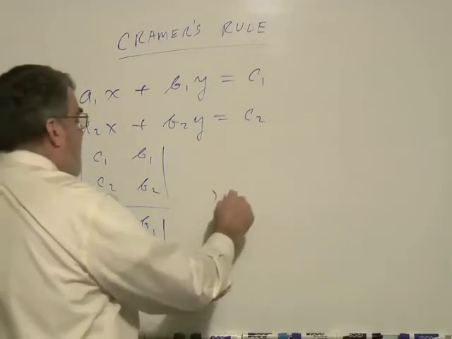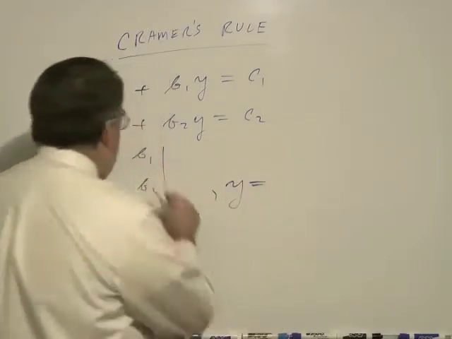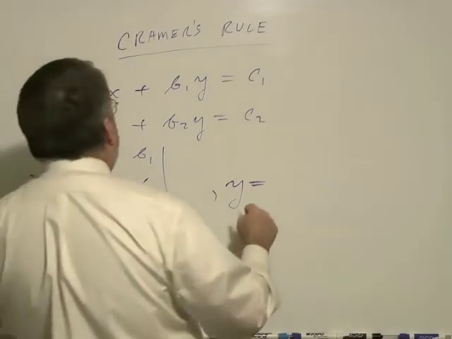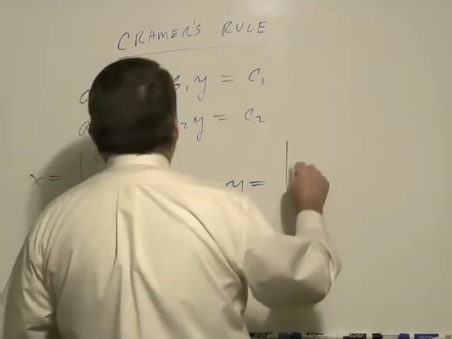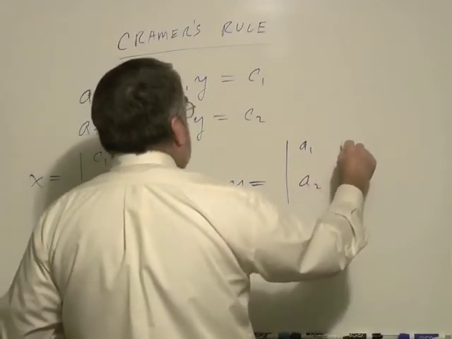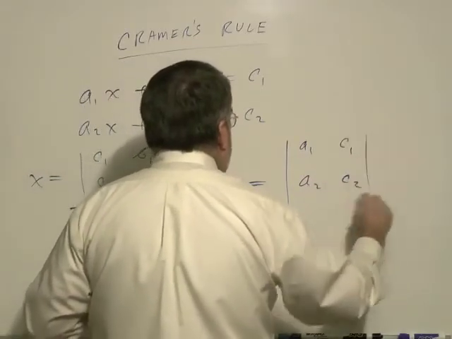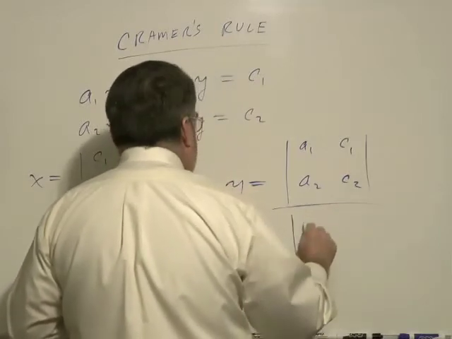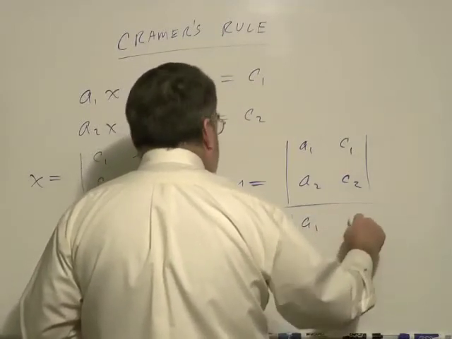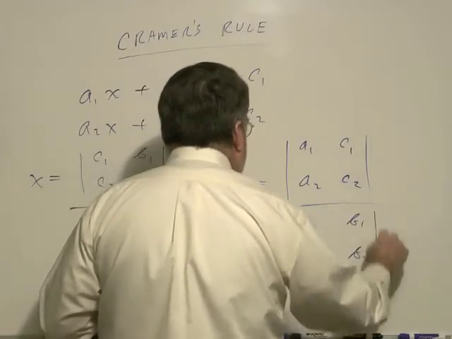And y, just to complete the thought, is going to be the determinant a1, a2, c1, c2 divided by the determinant a1, a2, b1, b2.